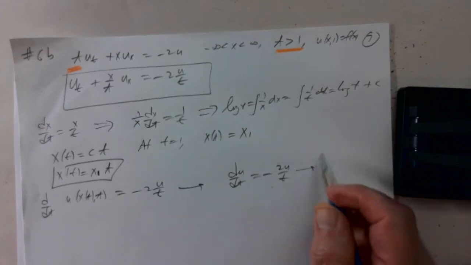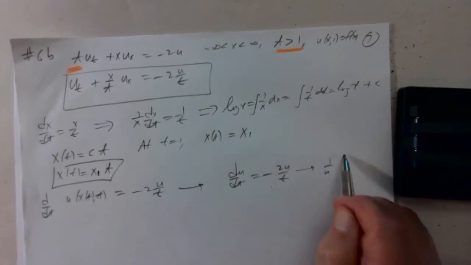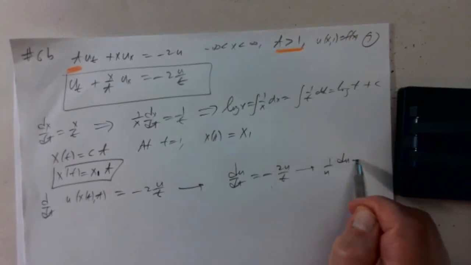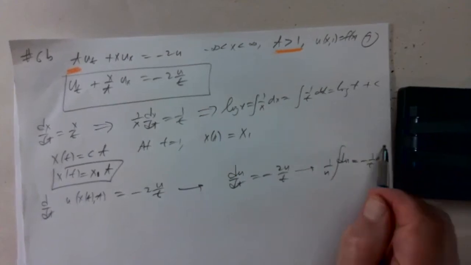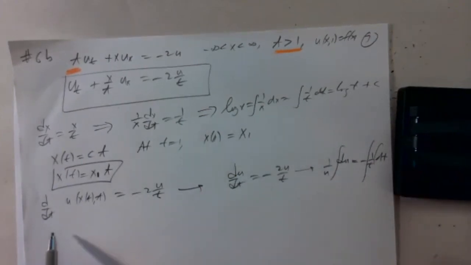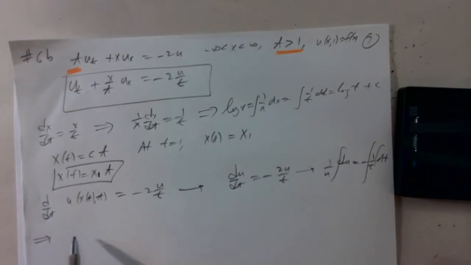I get 1 over u du equals minus 1 over t dt, integrate. Oops, I'm sorry, it's minus 2u over t.